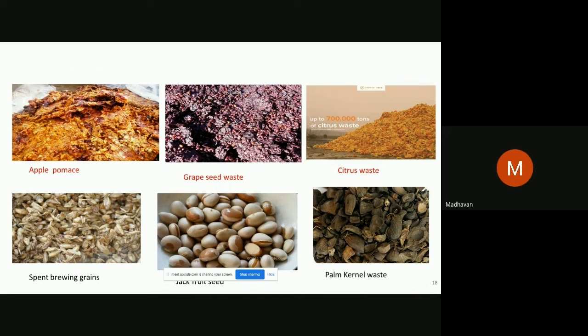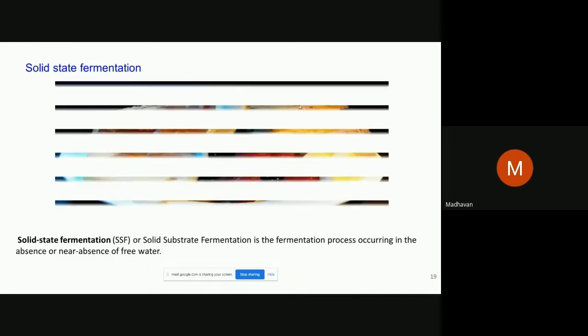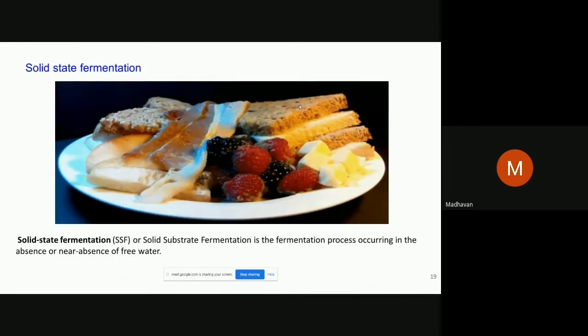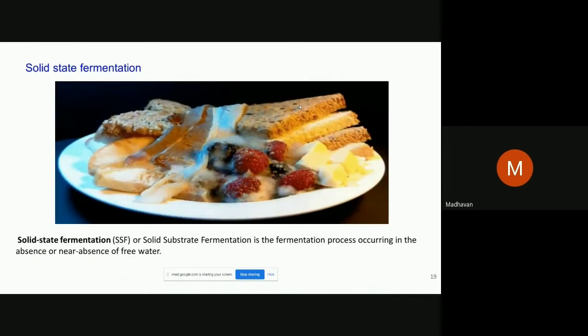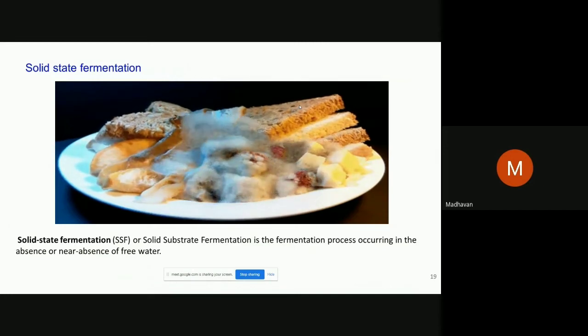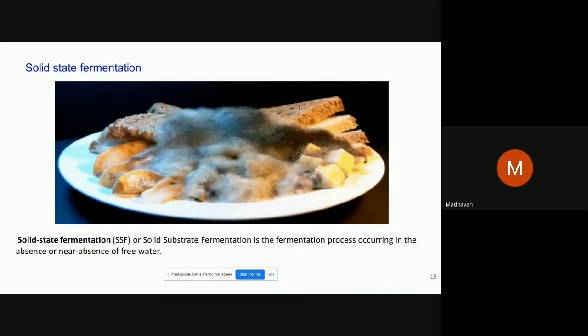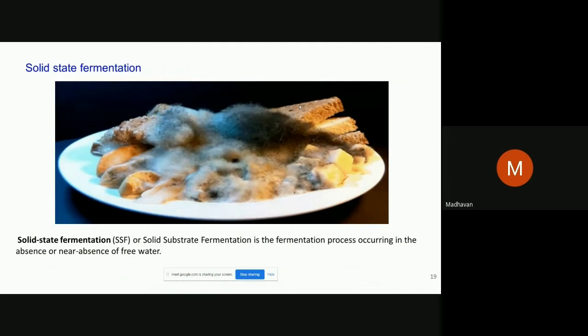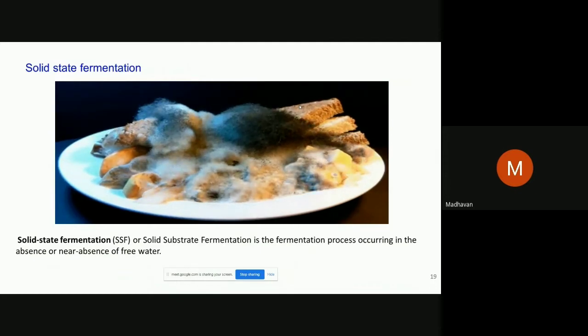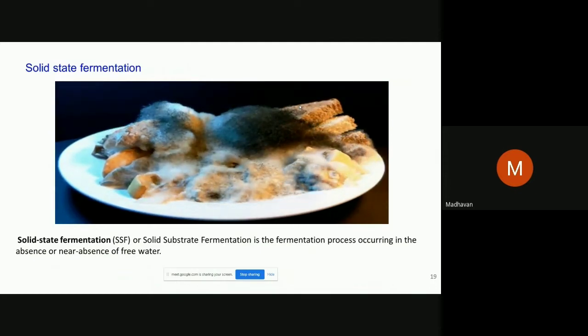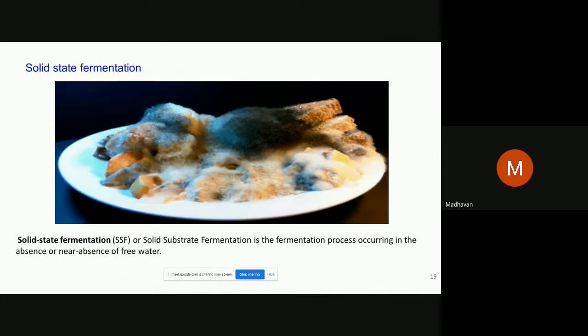Solid state fermentation is a very good option. And see, this slide shows solid state fermentation. What is happening? You can see the growth of Aspergillus niger or nidulans or whatever, the spore formation, and it will be completely destroyed.